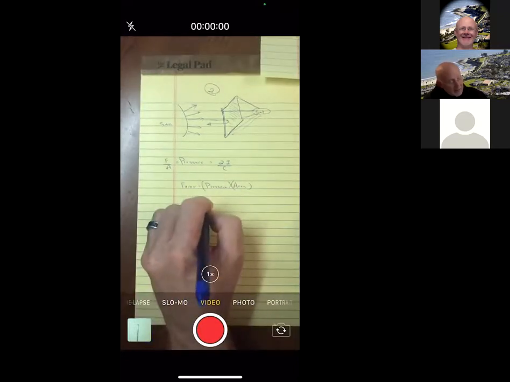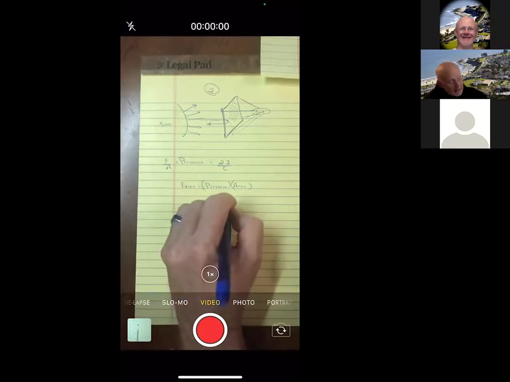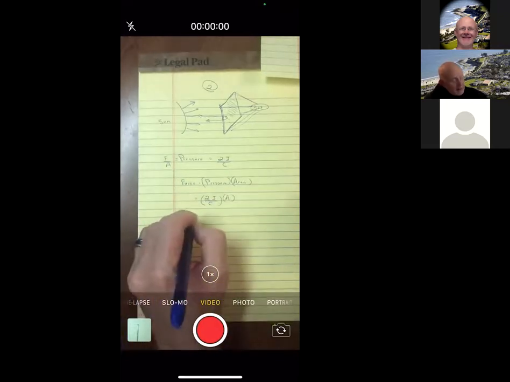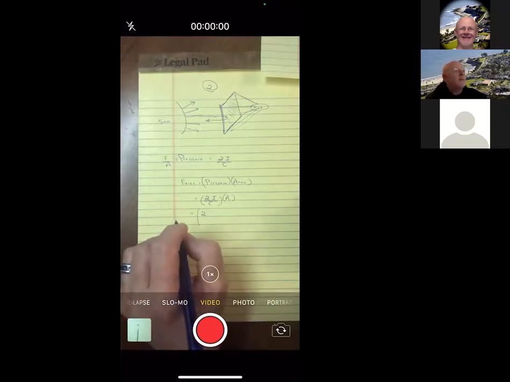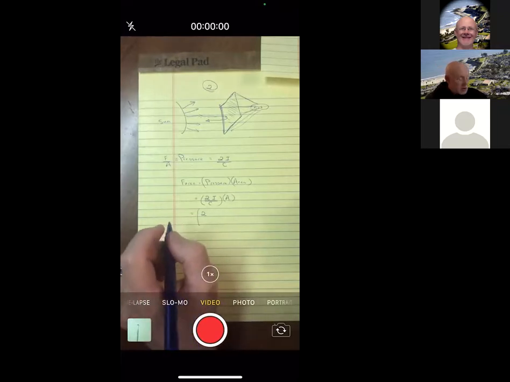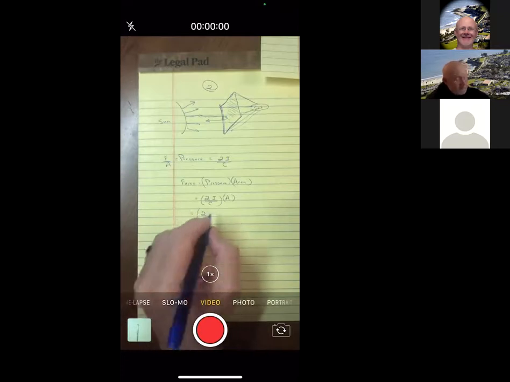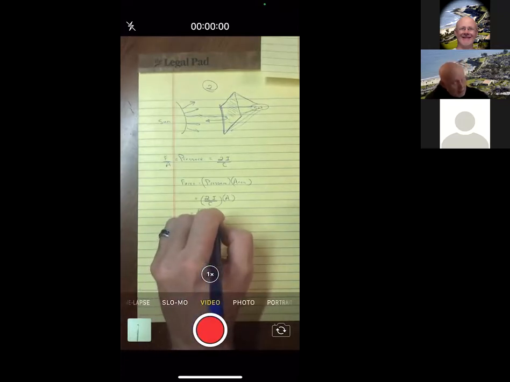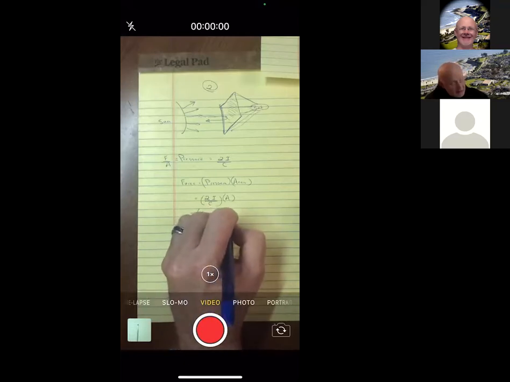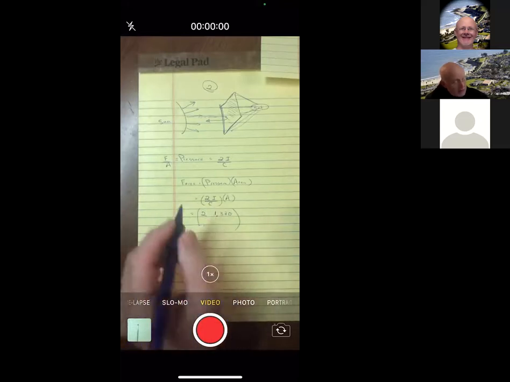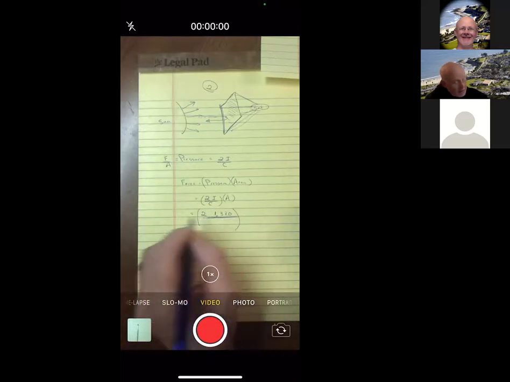And as we just said, the pressure is twice the intensity divided by the speed of light, and then we can multiply by the area. So this is 2, and the intensity out in outer space, they go on a little bit later to say that the intensity is 1,370 watts per square meter.